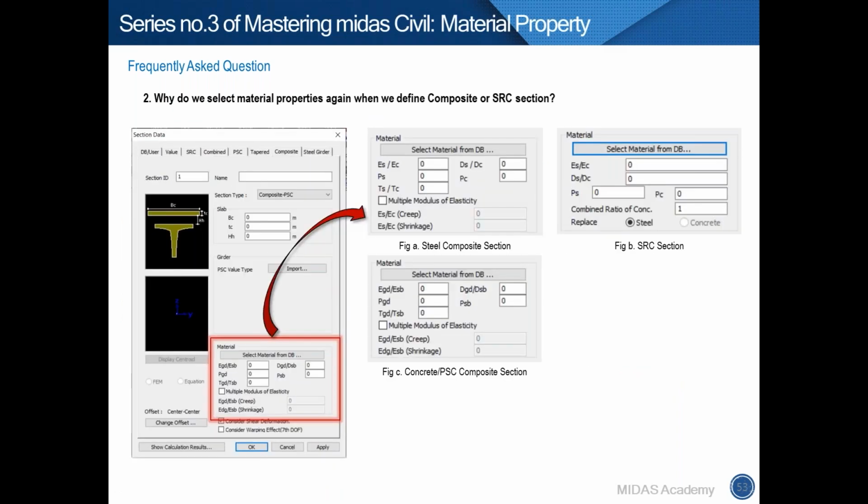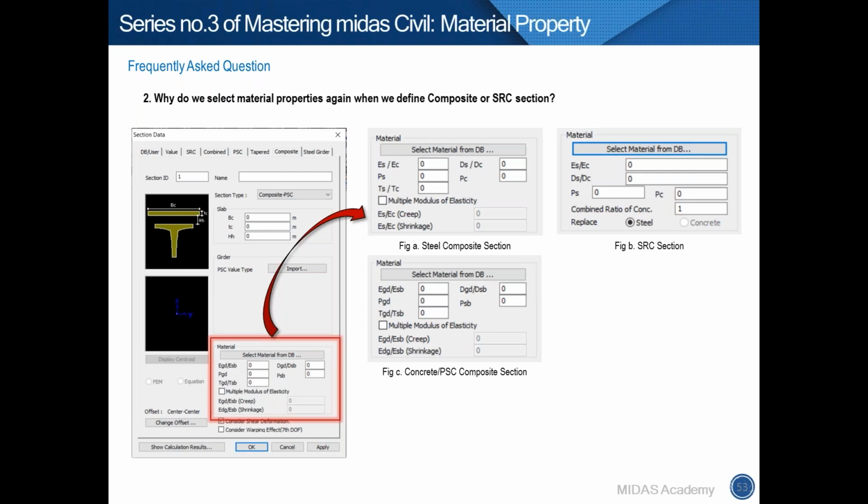Okay, this is the second query. The question was, why do we select material properties again when we define composite or SRC section? As you can see, MIDAS provides the composite section and SRC section.